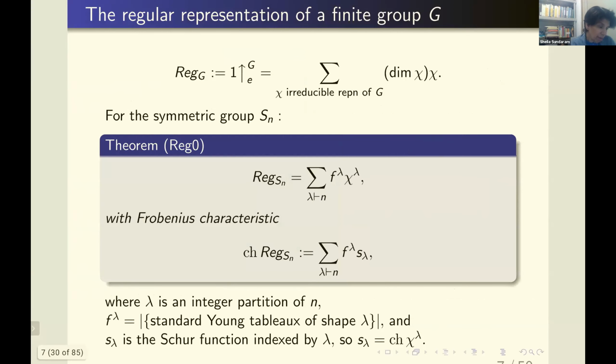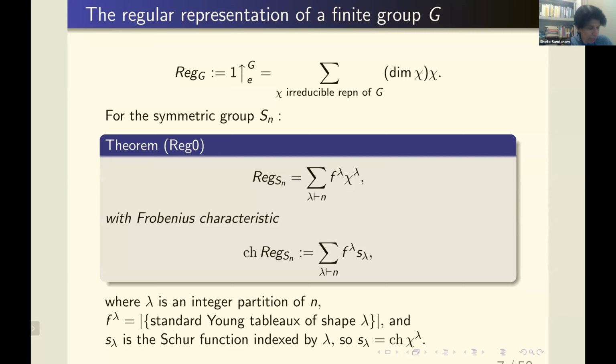Okay, the regular representation. I think everybody is familiar with how the regular representation decomposes. It's the sum over all the irreducibles chi, with dimension of chi copies of each irreducible chi. So for the symmetric group, there's this famous fact that combinatorialists have exploited to the hilt about how the regular representation decomposes.